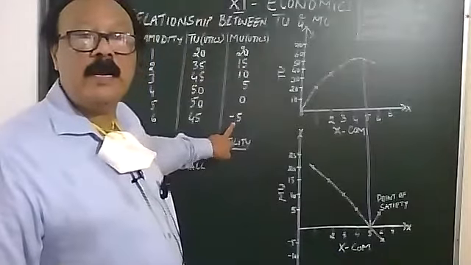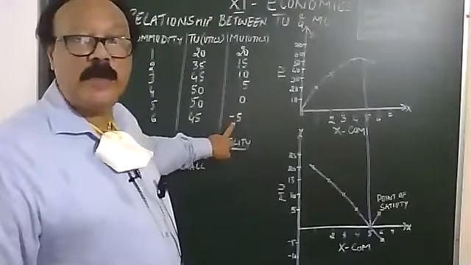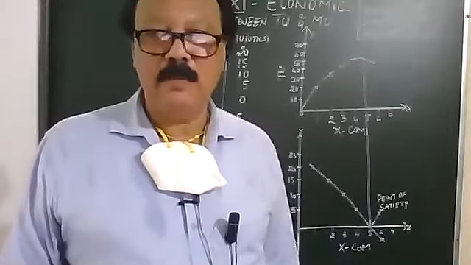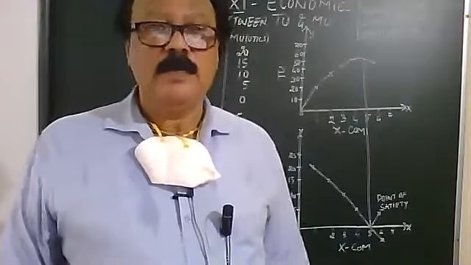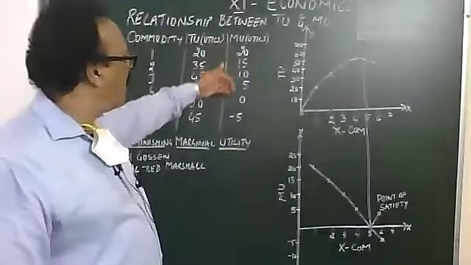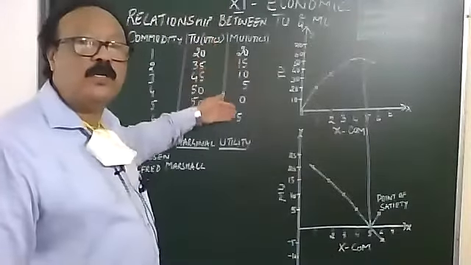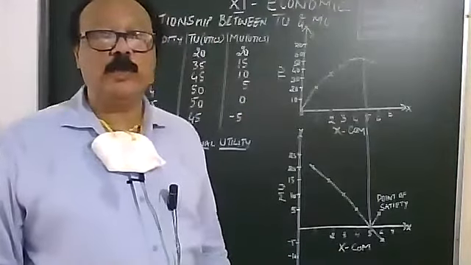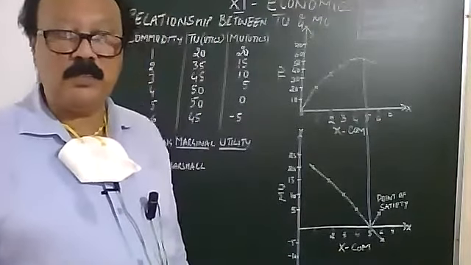Probably we will get a negative satisfaction. Negative means you would want to start bringing up because you are overeaten. Now this is just an example to make you understand what is the marginal utility, how the marginal utility or the level of satisfaction keeps declining as we increase the commodities.